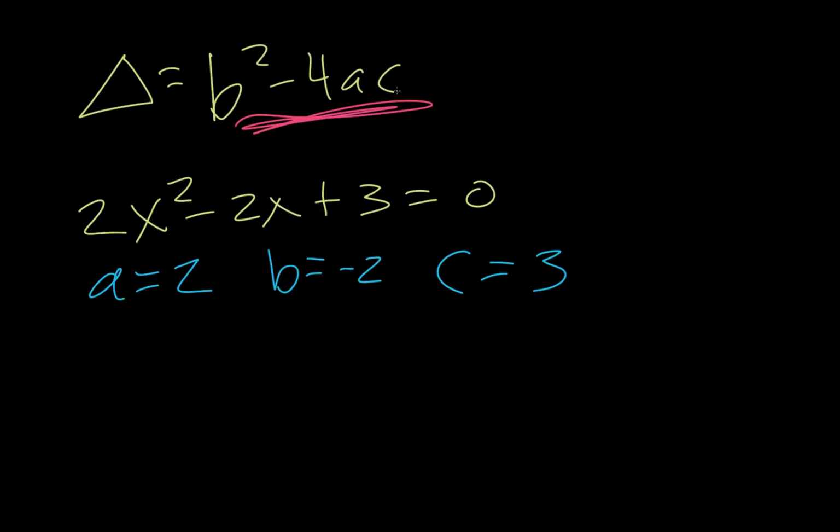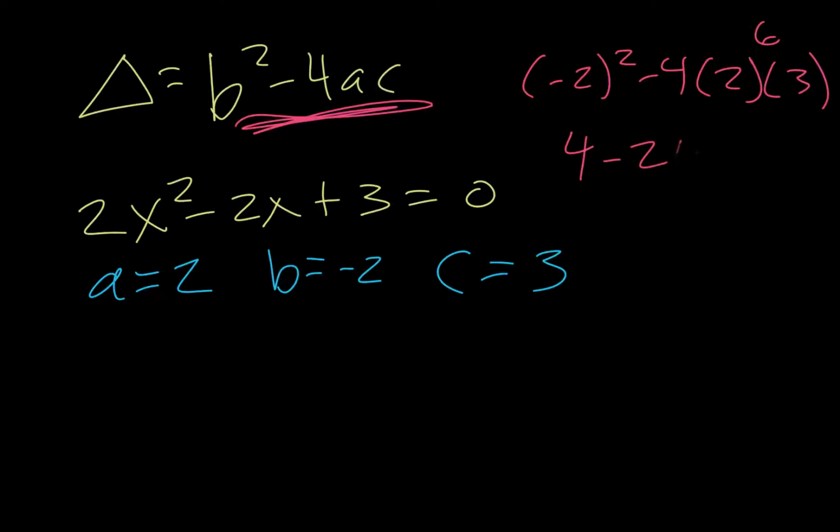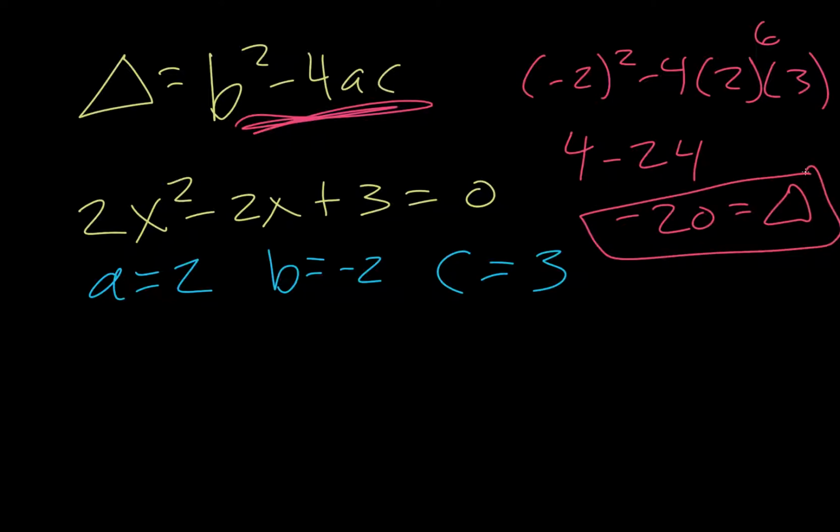Okay, so B squared, so we have -2 squared minus 4 times A times C. We simplify that, so that's 4. And then we multiply these out, so that's 6 times 4, which is -24. So we end up with -20. So our discriminant in this case is -20.